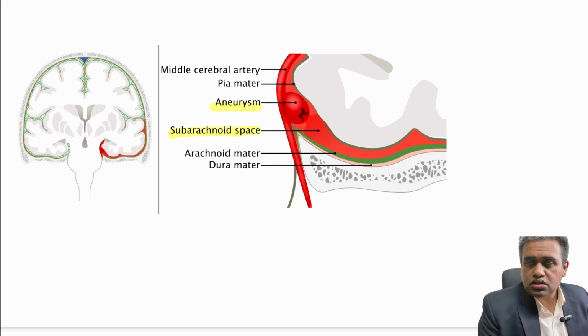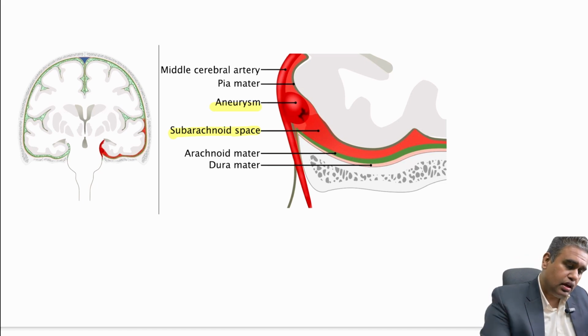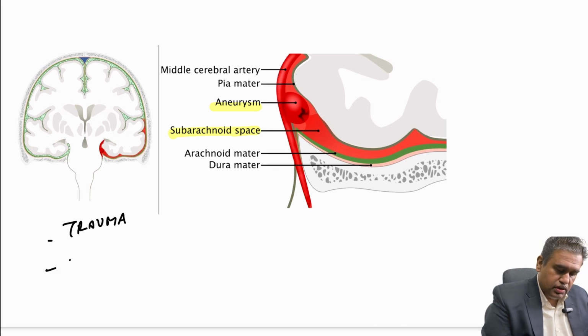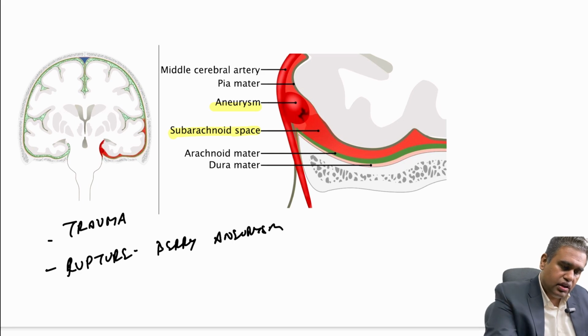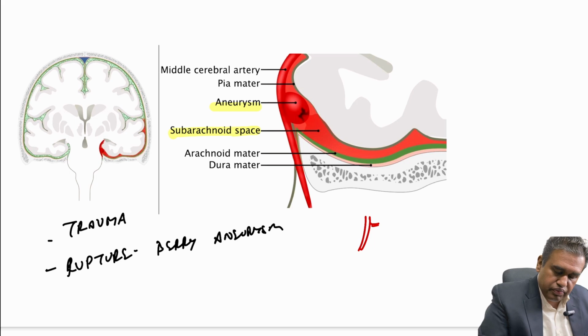So there are multiple causes of subarachnoid hemorrhage. And do also remember, mainly in subarachnoid hemorrhage, though trauma is an important cause, basically it is also due to the rupture of the berry aneurysms. What are these berry aneurysms? Actually, if you look at the anatomy of the circle of Willis, then there are places where you have the junction of, say, anterior communicating artery with the anterior cerebral artery, right?